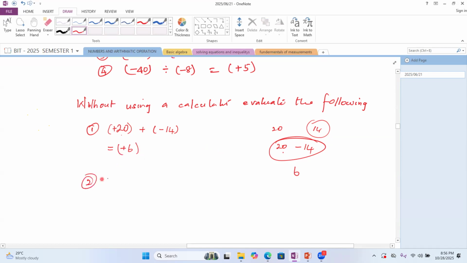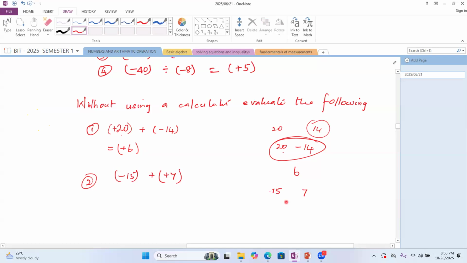So we write the positive sign. Another example, minus 15 and positive 7. First we identify these are opposite sign numbers, so we write the numbers without sign, 15 and 7. Which one is highest? 15 is the highest.